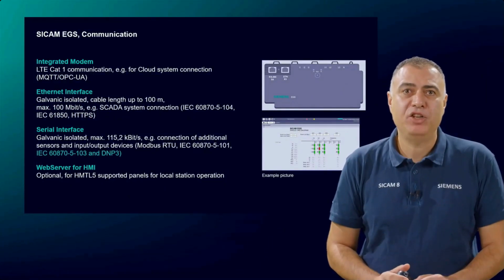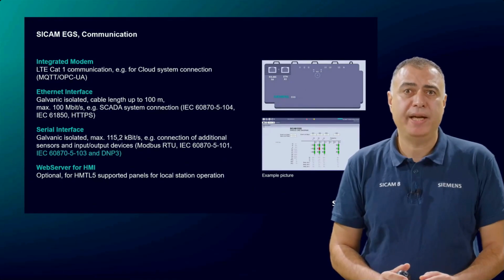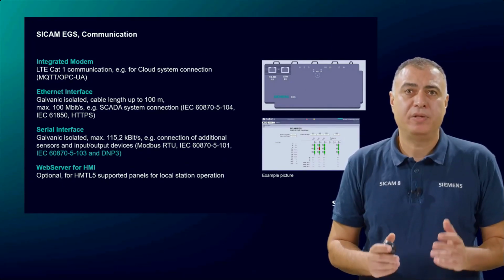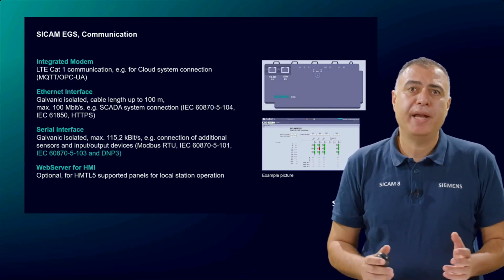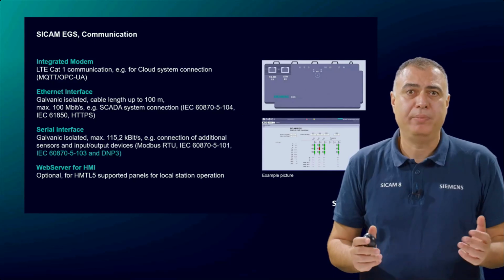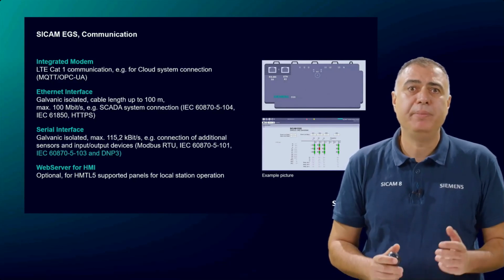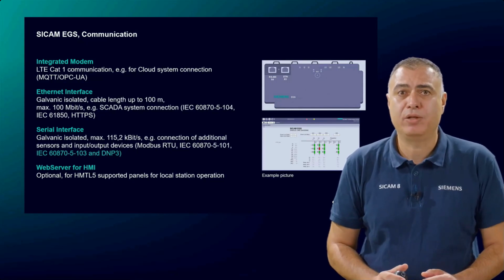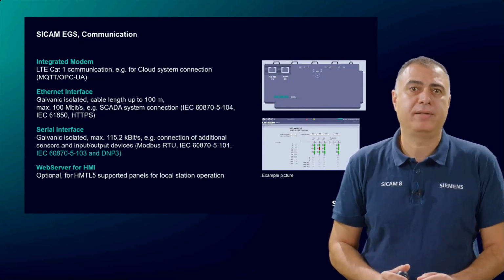Using these communication features, SICAM EGS becomes very flexible. Via the serial interface, you can connect different local devices, such as medium voltage sensors, meters, or medium voltage short circuit indicators, and protection relays.